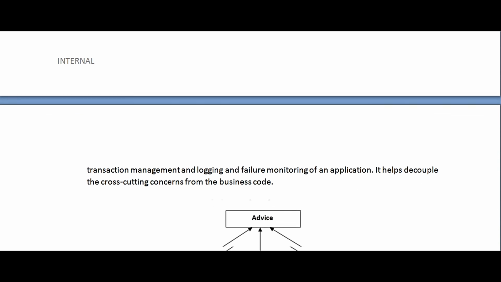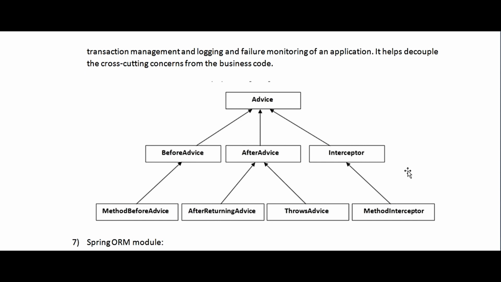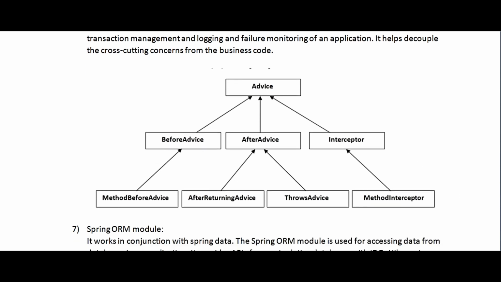And we have different kinds of advices that we can use for intercepting our methods. Here we can see the various types of advices: before advice, after advice, method before advice, after returning advice, throws advice, and such other stuff, right?